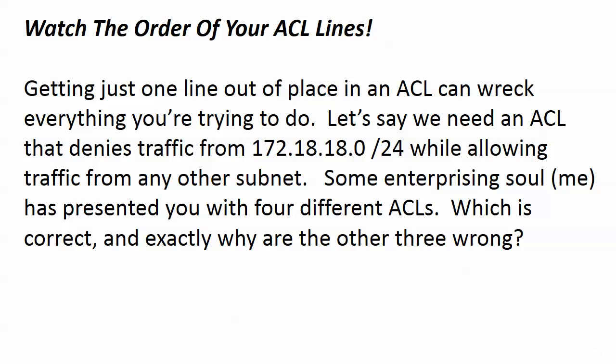And if you have an ACL, let's say, you want it to deny traffic from 172.18.18.0/24 while allowing traffic from any other subnet, that's going to be one or two lines, right? I mean, if you remember the implicit deny, literally it's going to be a two-line ACL. But even if you get the two lines out of order, there can be a big problem.